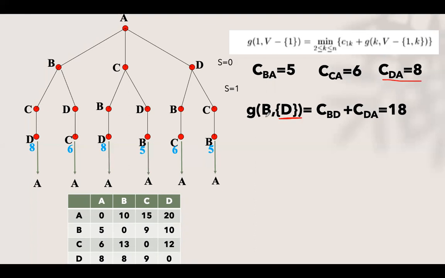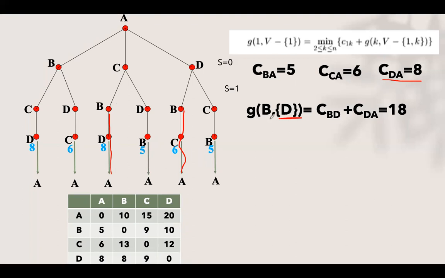I am trying to find out B, this path, B to D to A. Next, B to C to A. BDA or BCA, that is represented like this.